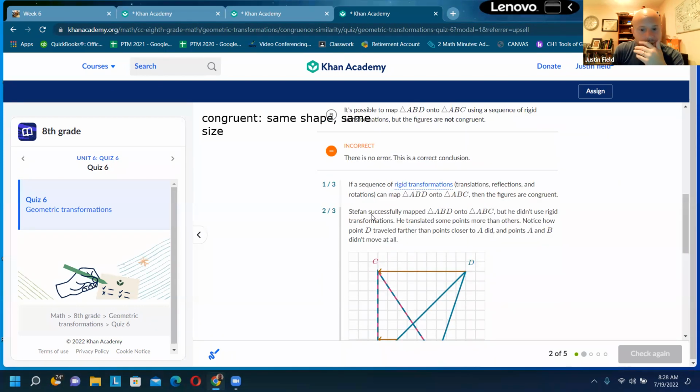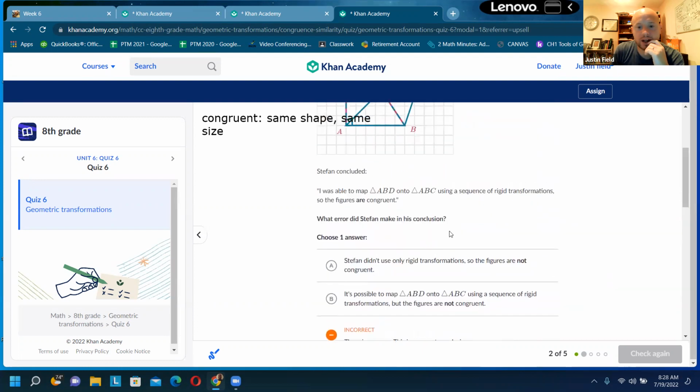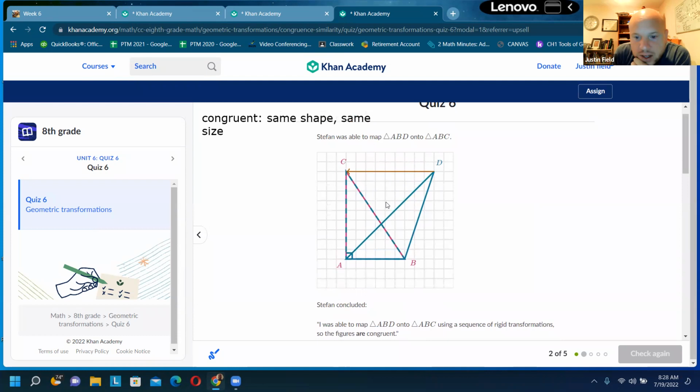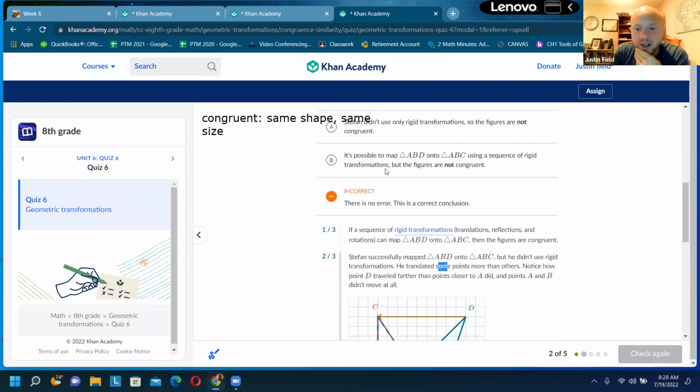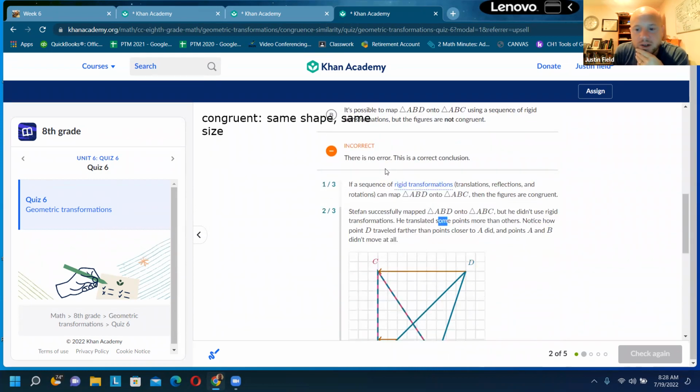Yeah, that's what I said. He successfully mapped it, but he didn't use rigid transformations. He translated some points more than others. Oh, I didn't even look at that. I thought he reflected. I didn't really look at it.